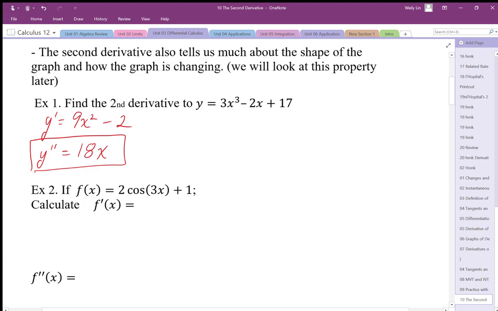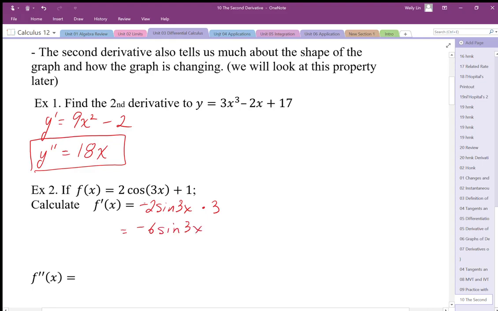So this is our cosine graph. We'll calculate the first derivative. So we apply the derivative of the cosine. So it's going to be negative 2 sine 3x. We have to make sure we use a chain rule, so times 3. So then simplifying this, we get negative 6 sine 3x.